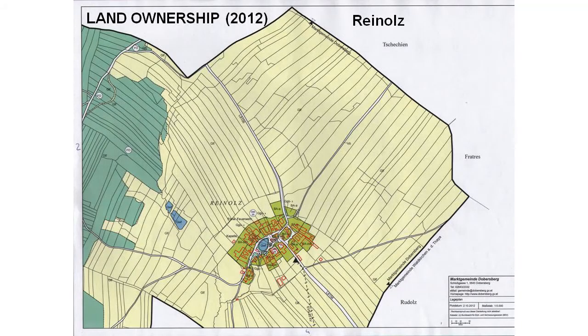On the other hand, on the Austrian side, the land ownership pattern, the parcel pattern, is still almost the same as it was 100, 200 years ago, but it doesn't mean that the practices didn't change.